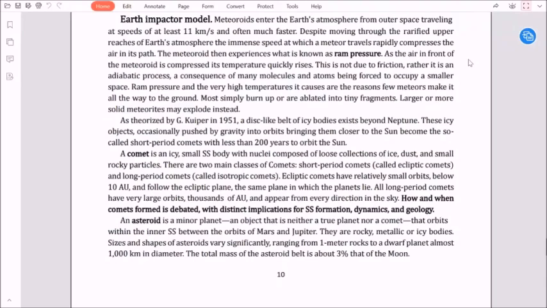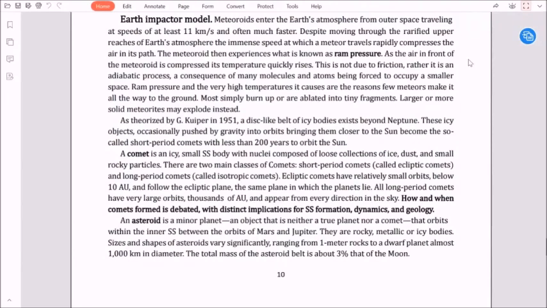A comet is an icy, small solar system body with a nucleus composed of loose collections of ice, dust, and small rocky particles. There are two main classes of comets: short period comets, called ecliptic comets, and long period comets, called isotropic comets.